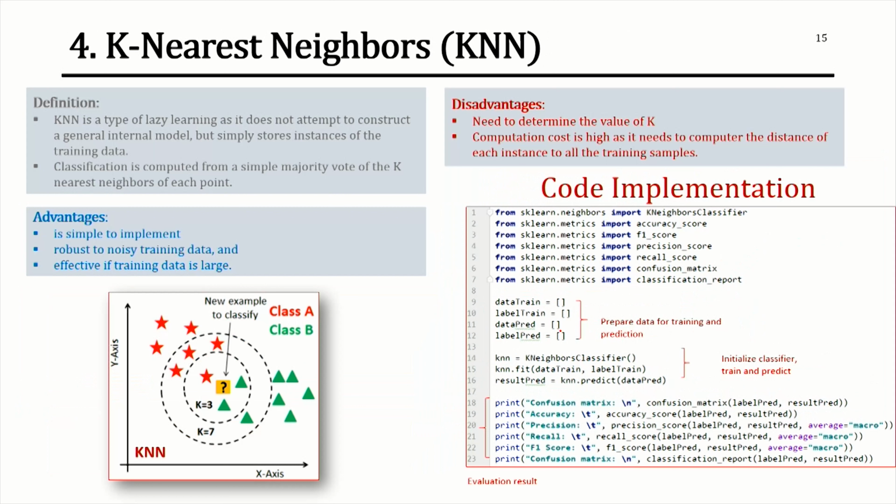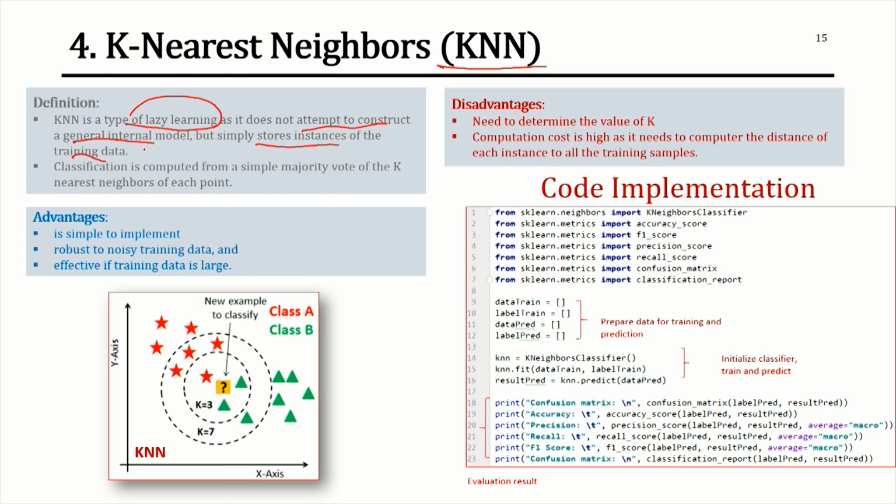So next, let's move on to the fourth technique. It is called k-nearest neighbors, or we call it KNN. KNN is a type of lazy learning. We call it lazy learning because it does not attempt to construct a general model, but it just stores the instances of training data. So each time you train on new data, it does not construct a new model.